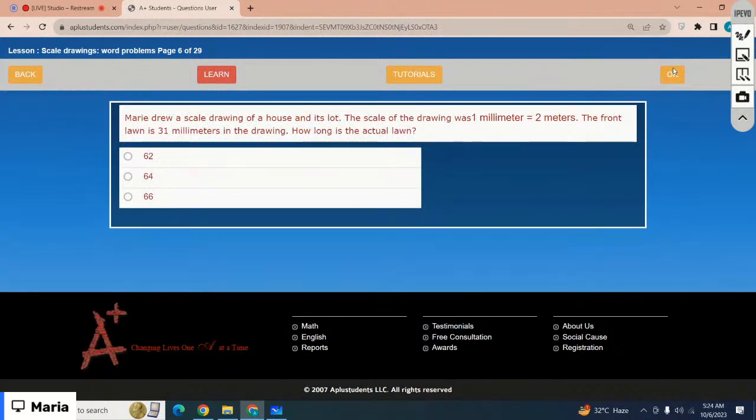Mary drew a scale drawing of a house and its lot. The scale of the drawing was 1 millimeter equal 2 meters. The front lawn is 31 millimeters in the drawing. How long is the actual lawn? So, which is the correct option?